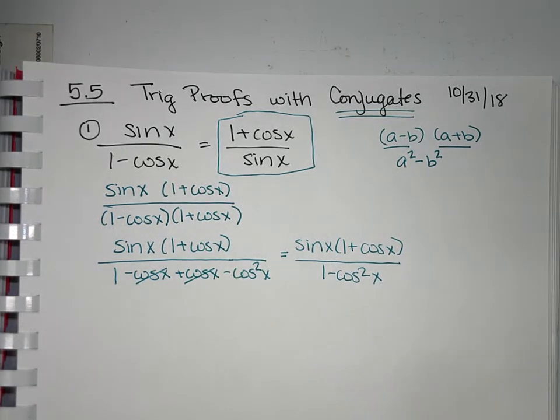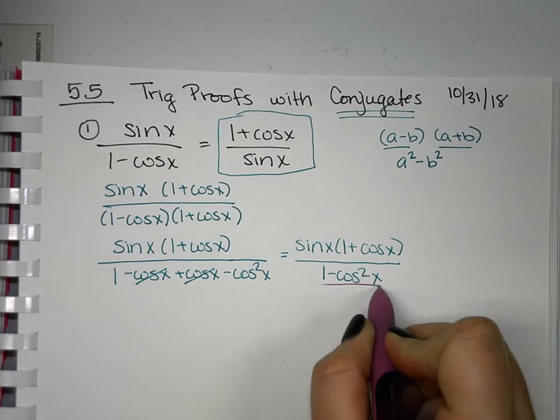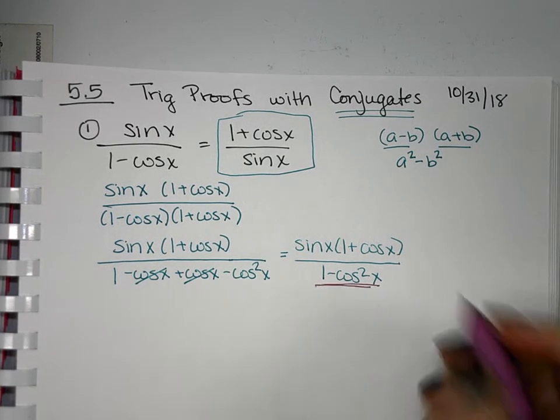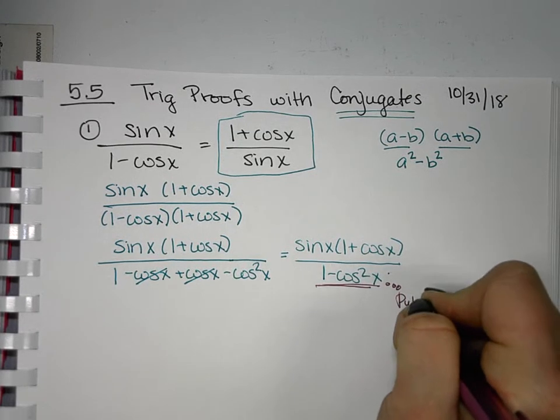So from here, I've done the conjugate and I've simplified. And so now I do have something here, this 1 minus cosine squared x. You can think Pythagorean identity.